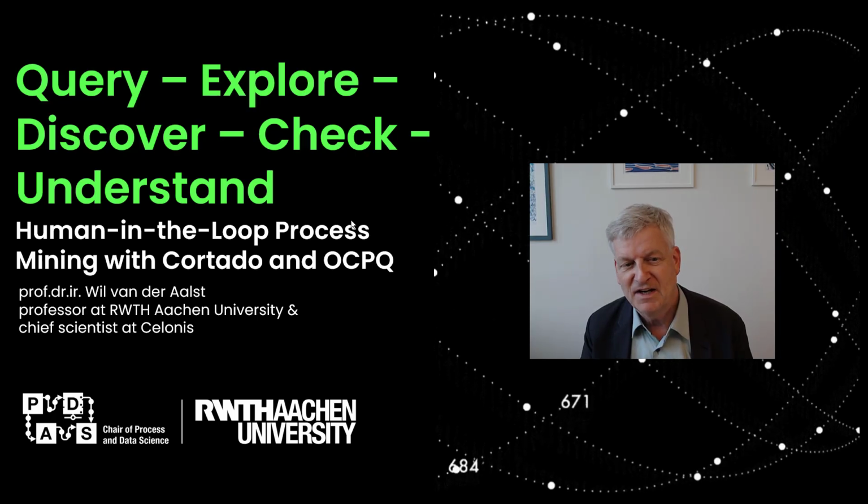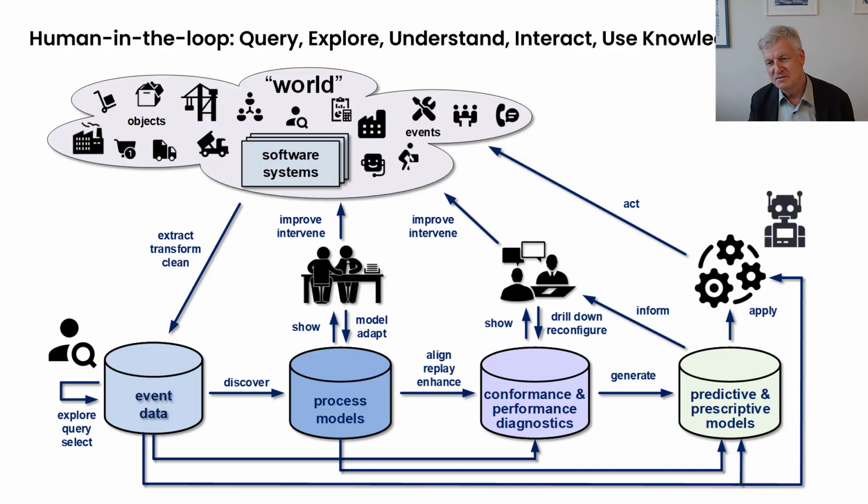So let's start with a bit of an overview. This is the standard overview if we introduce something like process mining. There is a real world, and in this real world, there are processes, there are people, there are machines, there are products, there are files with information. And typically, this reality is being supported by software systems or information systems.